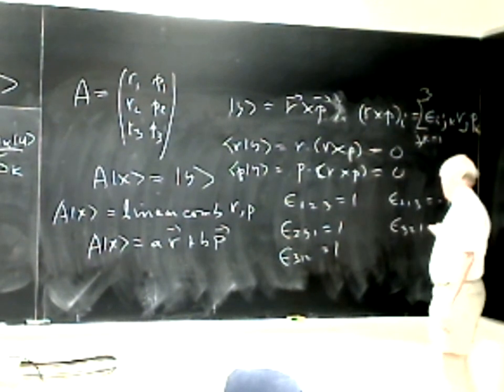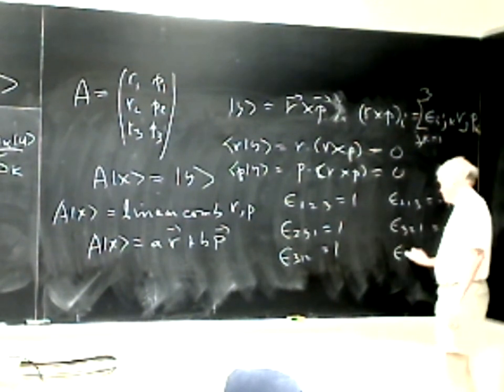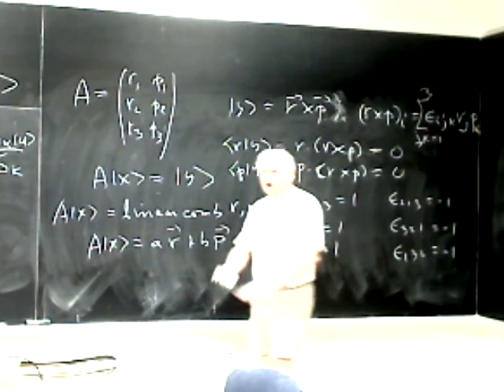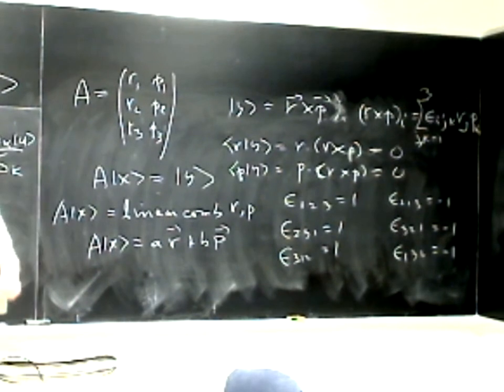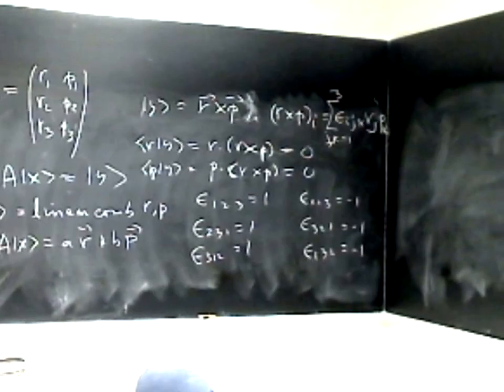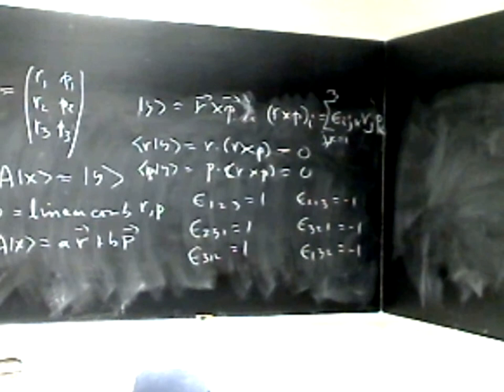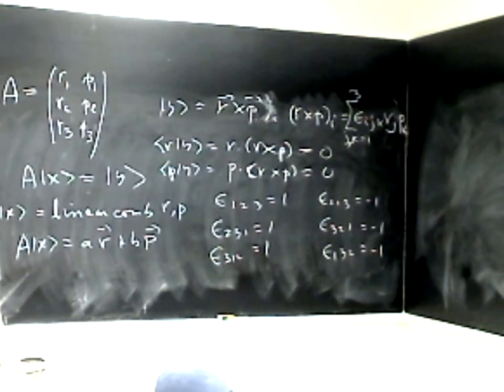Epsilon 3, 2, 1 is minus 1. Epsilon 1, 3, 2 is minus 1. All other epsilons are 0. In particular, if an index is repeated, the thing is 0. So I'm just mentioning that parenthetically because it's relevant to one of the homework problems.